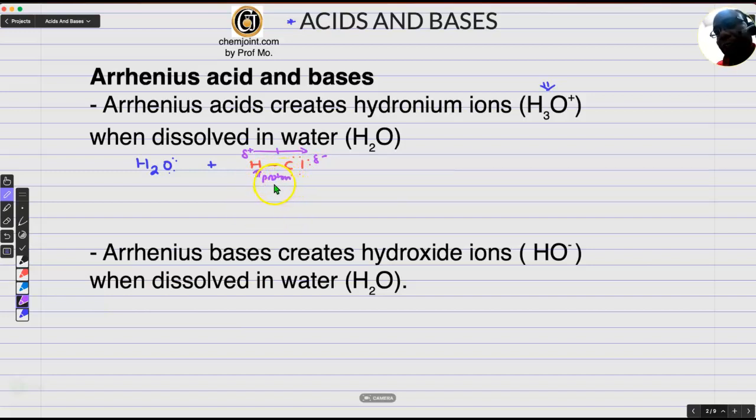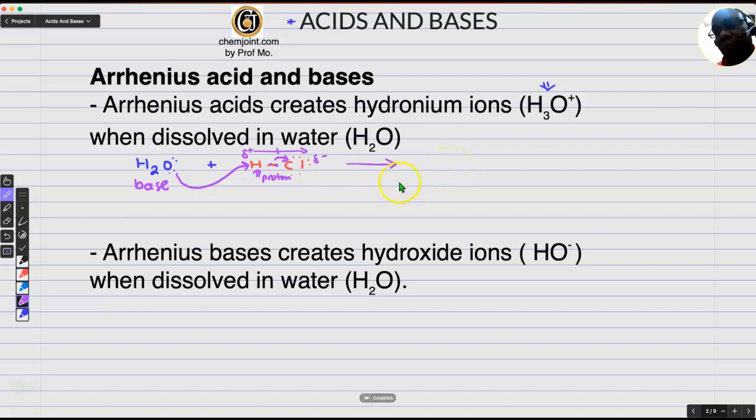Acids are proton donors. We'll discuss that in the Bronsted, improved definition of an acid. So that hydrogen will be donated away, and it is donated to the oxygen of the water. In this case, the water plays the role of a base because it's going to accept that hydrogen, and then these two electrons will be given to the chlorine because it's more electronegative, more electron wanting.